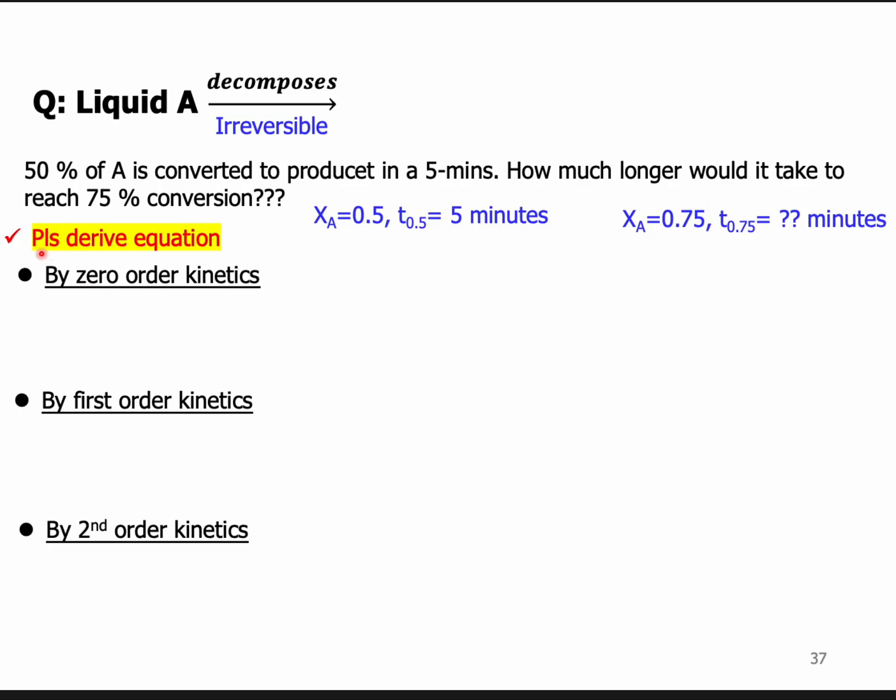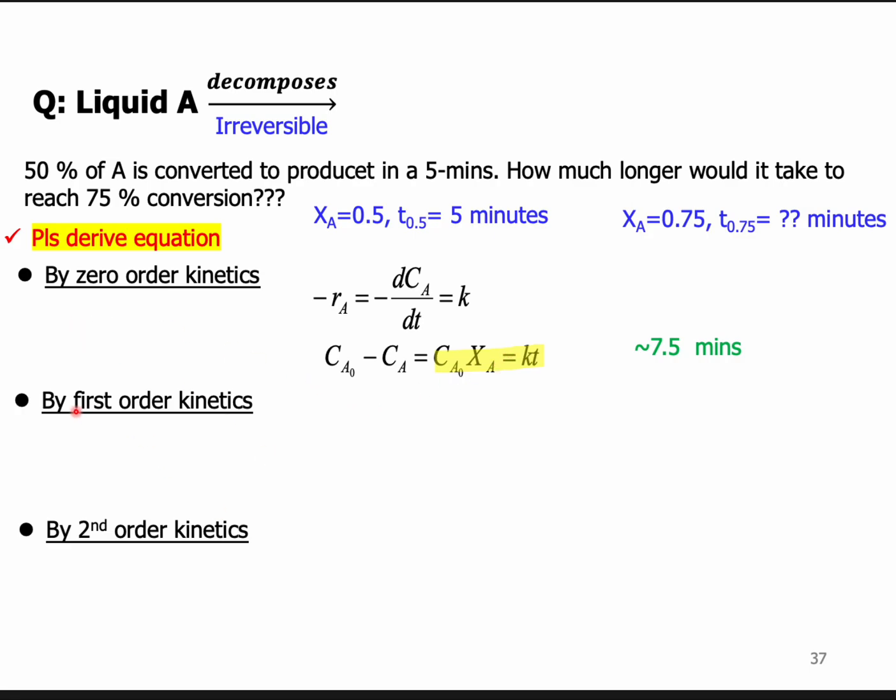And if I highlight, please derive the equation. So you need to start from the details like this, and derive the rate equation in terms of XA and t. Okay, so directly use this relationship and put all this data inside, and you will get around 7.5 minutes.